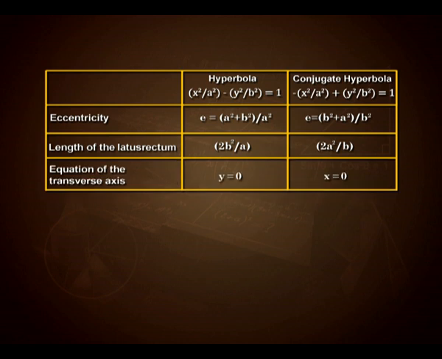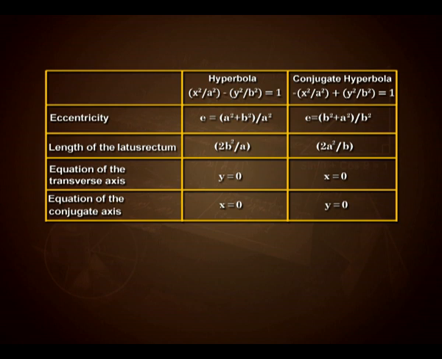In case of equation of transverse axis for hyperbola y = 0, and for conjugate hyperbola it is going to be x = 0. Equation of the conjugate axis for hyperbola will be x = 0, and for conjugate hyperbola it is y = 0.